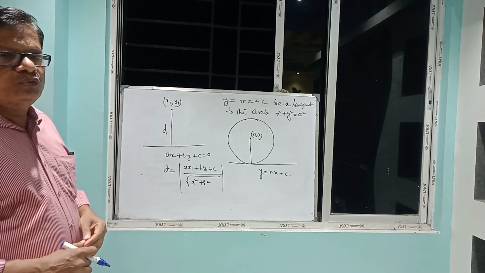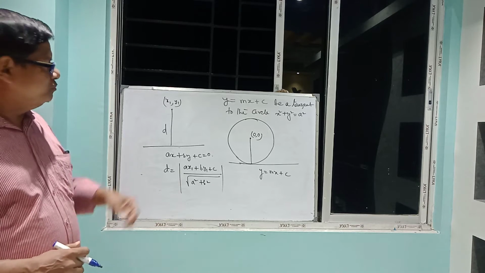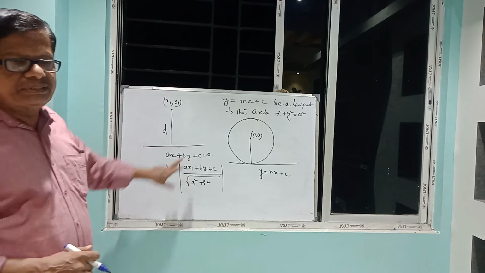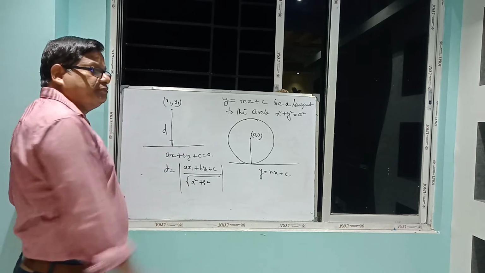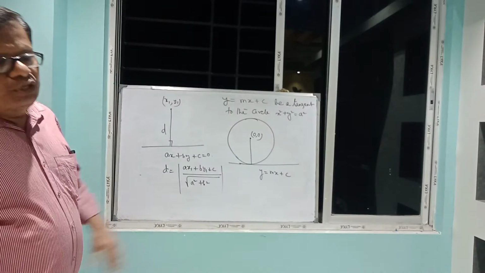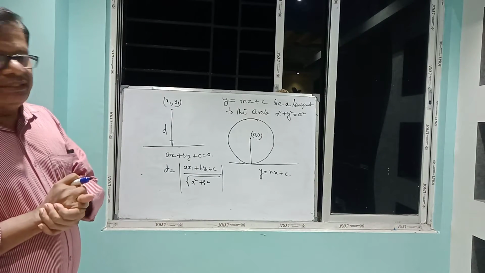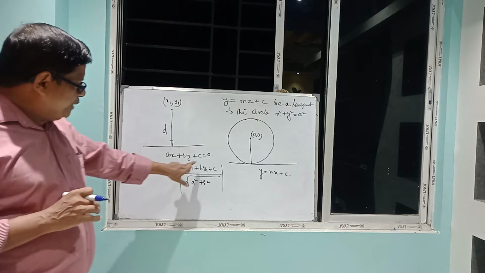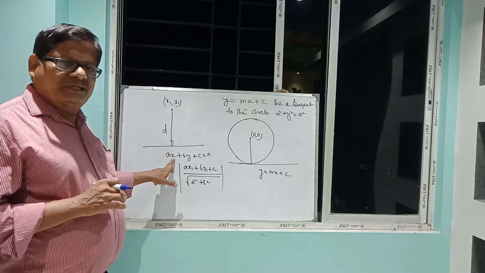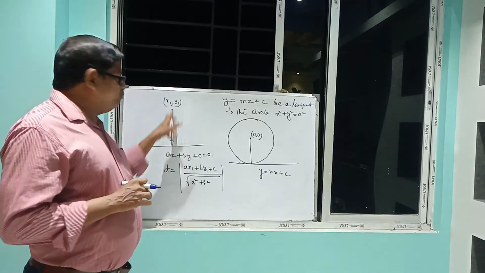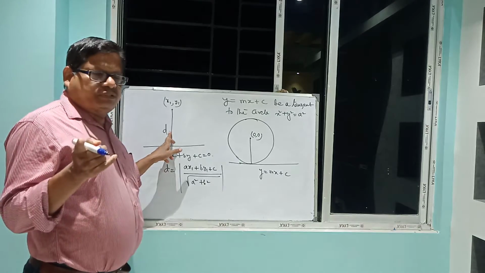The distance from the point to the straight line is always the perpendicular distance. Otherwise, there is another method, but that takes more time. The perpendicular: find the gradient. For the two gradients, m1 m2 equal minus 1.